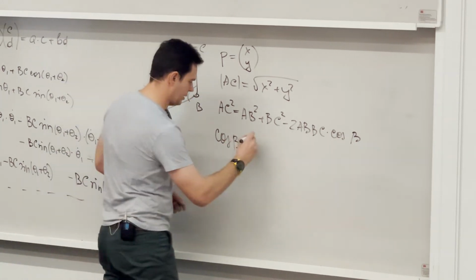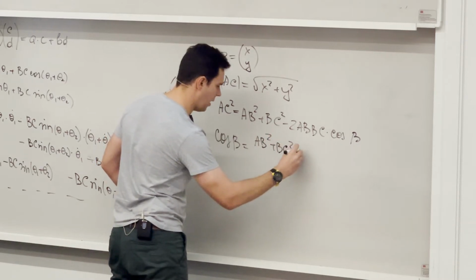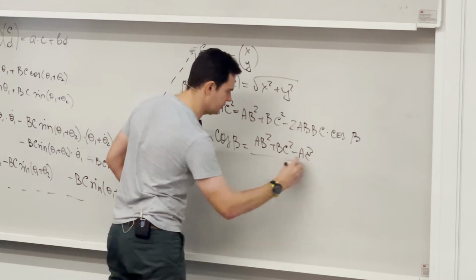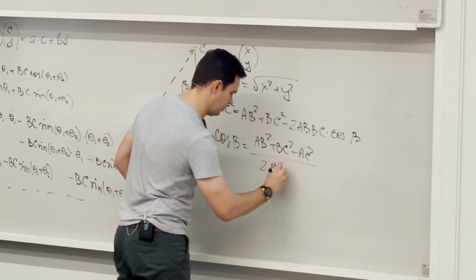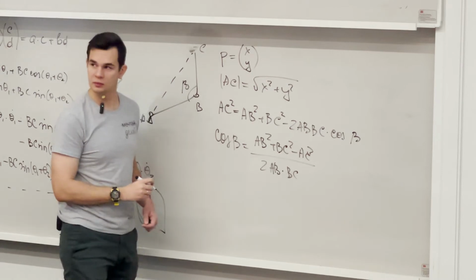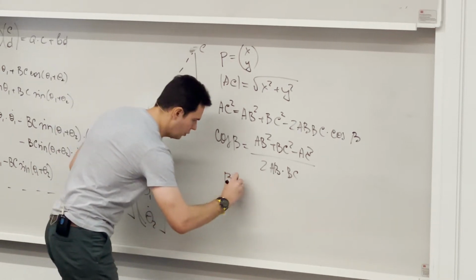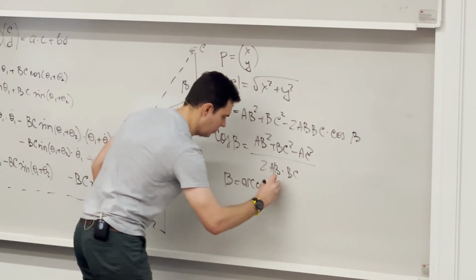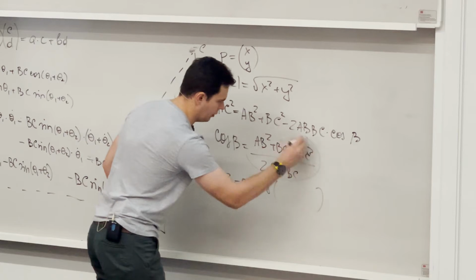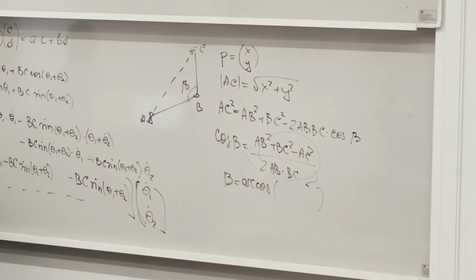It will be opposite: AB plus BC minus AC divided by 2AB times BC. Do you agree? Great. And beta will be nothing else as arccosine of this guy, like this.